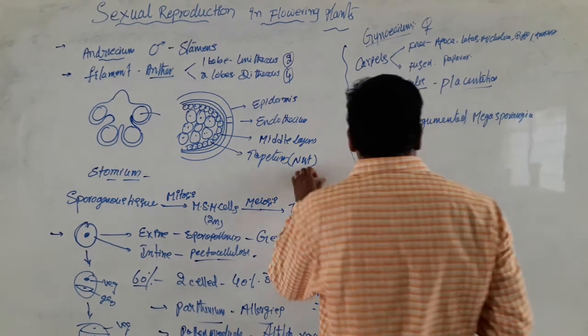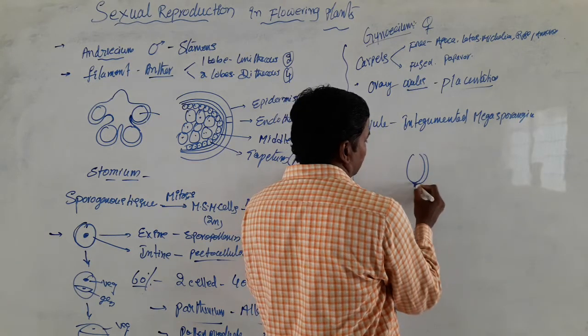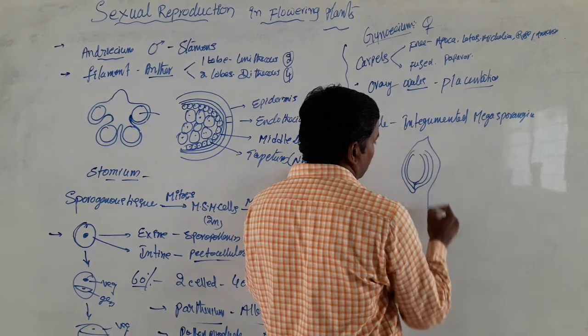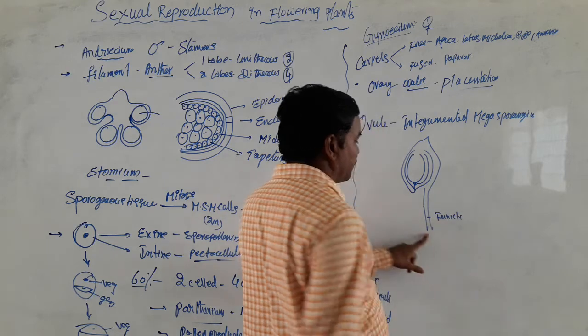Every ovule is represented by a small stalk-like structure called the funiculus.